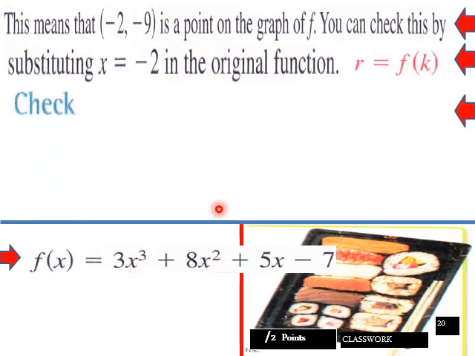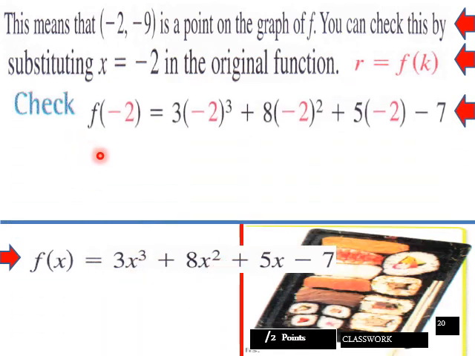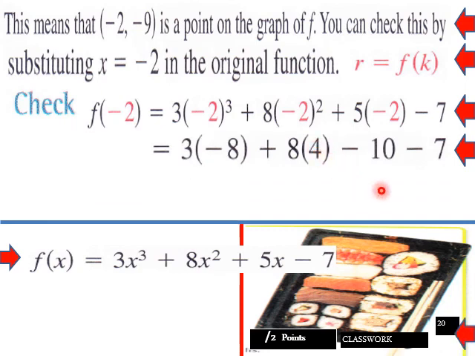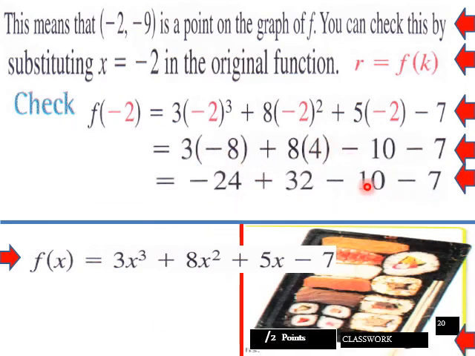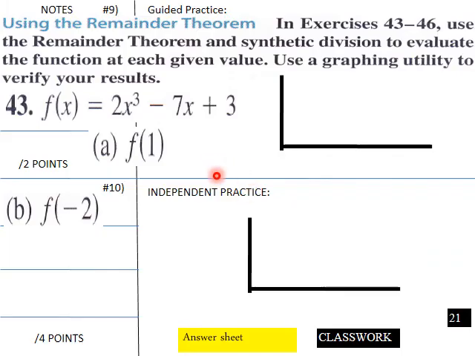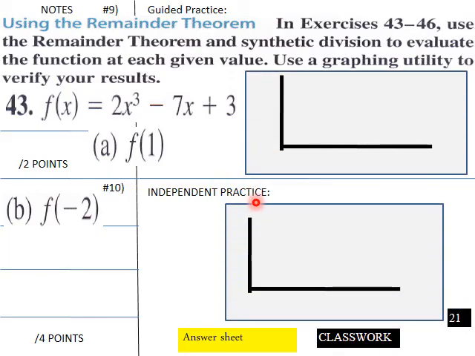So when we put in negative 2 in there, we get this situation here, and then we keep combining simply, and we get negative 9, sure enough. So when we plug in negative 2 in the function, we get negative 9. So let's see what we can do with that up here.